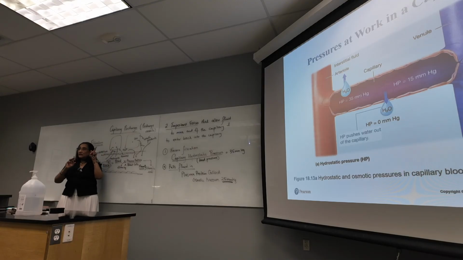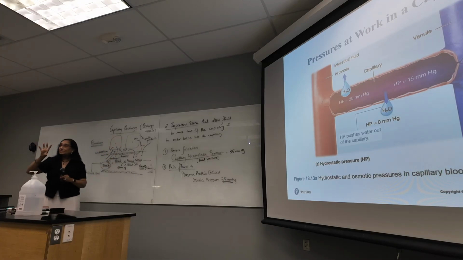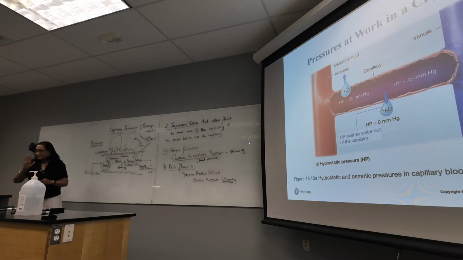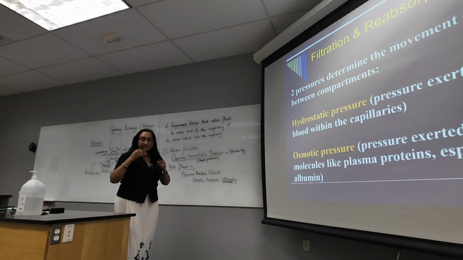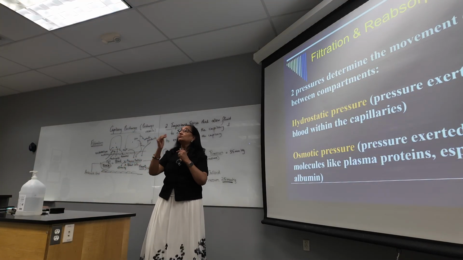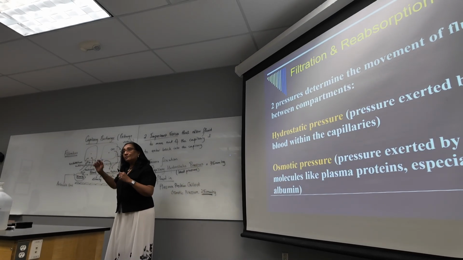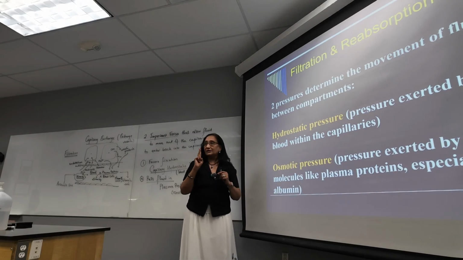The more detailed version is because there is some liquid here as well in between the cells. So there is a little bit of pressure exerted by the liquid there, but that is minimal. Okay? And at this stage, you don't have to know that, as long as you know that the two pressures that determine how fluid moves from the blood into the tissues or back into the blood are these two pressures.